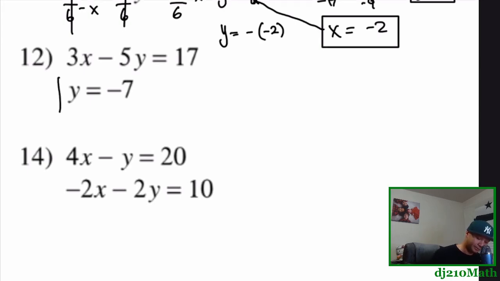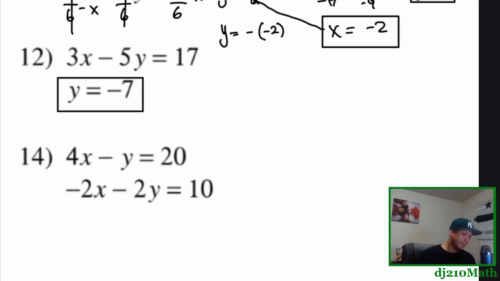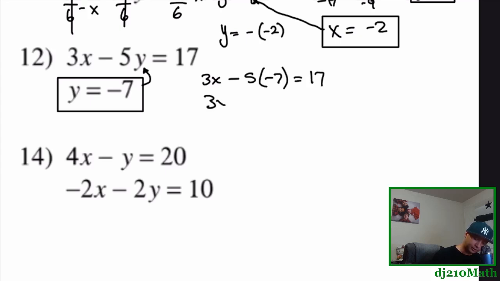Okay, number 12. y is already solved. That's half the battle. Let's plug that into here. So 3x minus 5 times negative 7 equals 17. 3x plus 35 equals 17.